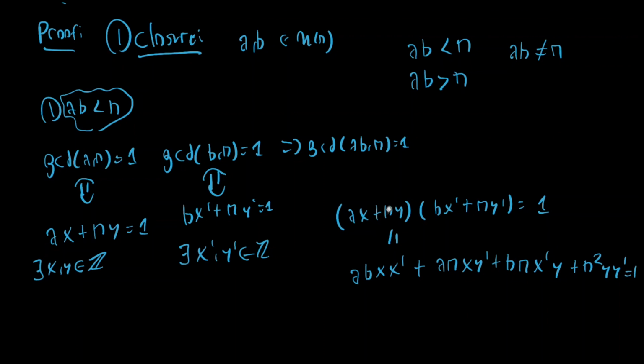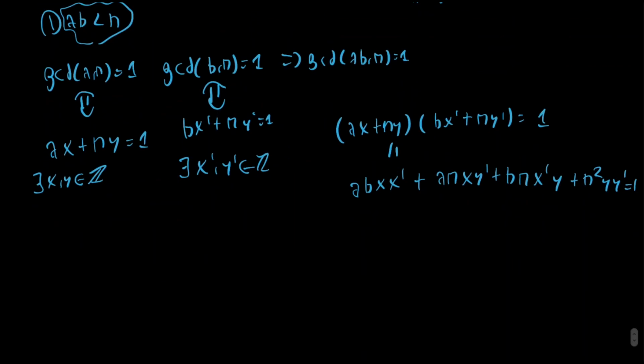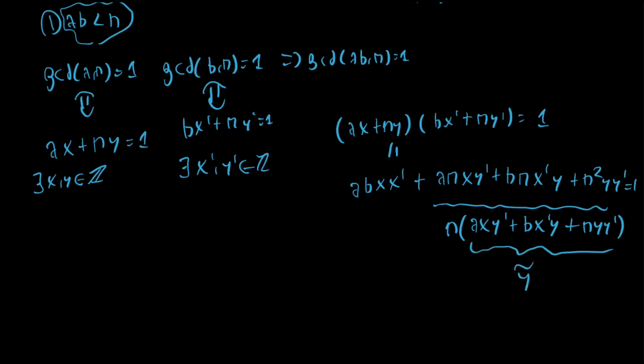Sorry if some of the letters are unintelligible. Now we notice that part of this is a multiple of n, so we can write it as n times (a x y prime plus b x prime y plus n y y prime). We call all of this y tilde.